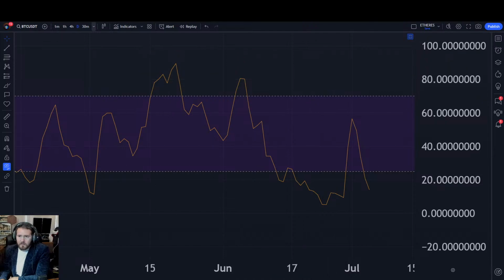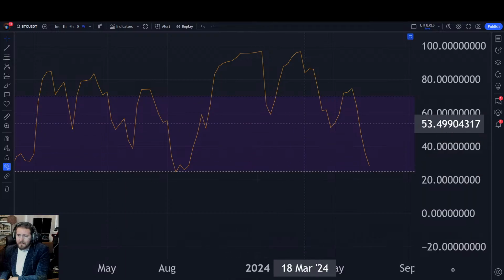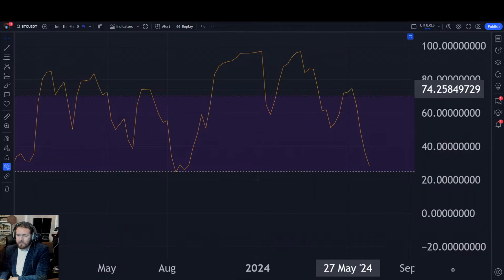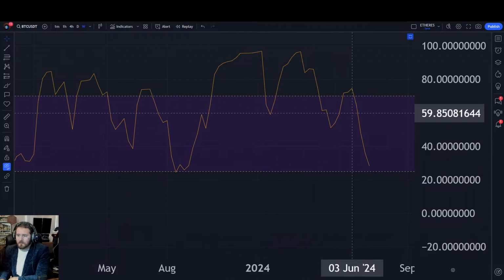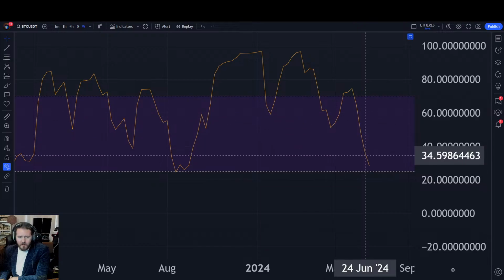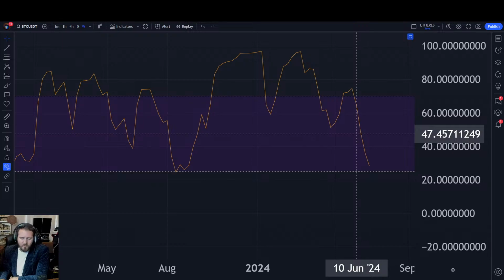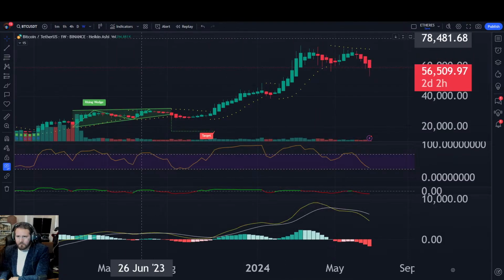So it was oversold on the daily. But remember, the weekly dominates the daily. And this is what this weekly RSI looks like. Weekly RSI was not completely oversold yet, so it still had room to come down. So as long as weekly RSI is still coming down and not completely oversold, you still have a chance of that rising wedge playing out and the price of Bitcoin dropping.